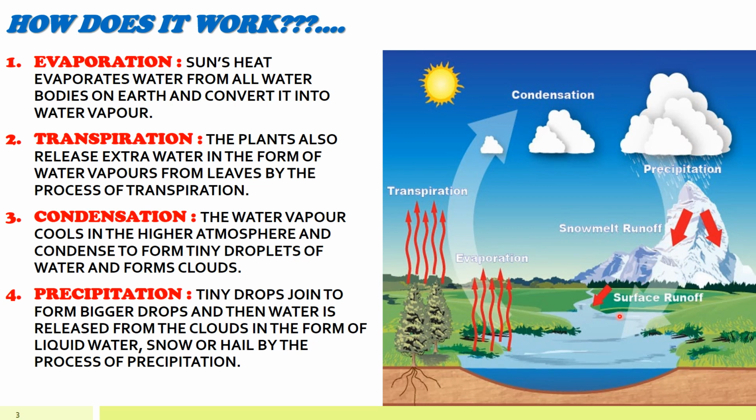So you can clearly see that it is a cyclic and continuous process because जैसे ही heat आती है sun की, the water again starts to evaporate, plants do transpiration, then condensation in the higher atmosphere and then precipitation from the clouds. जो भी water rain से आता है, that goes again to the water bodies and this process continues.